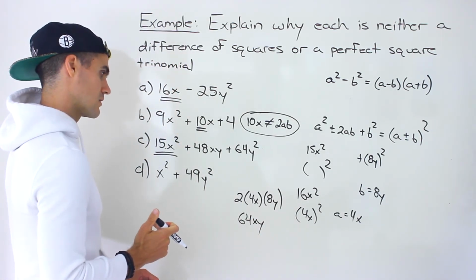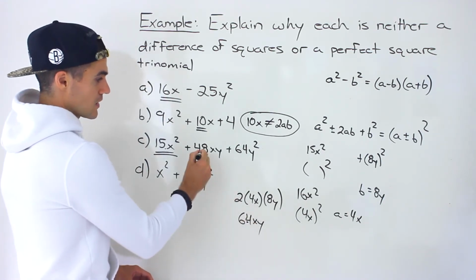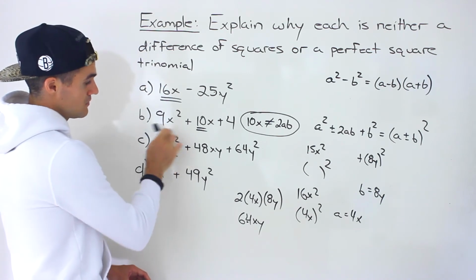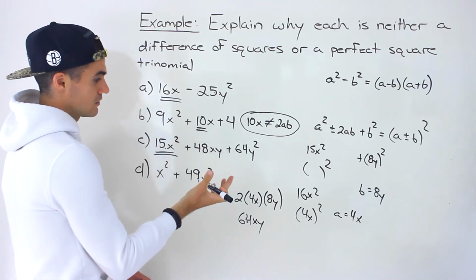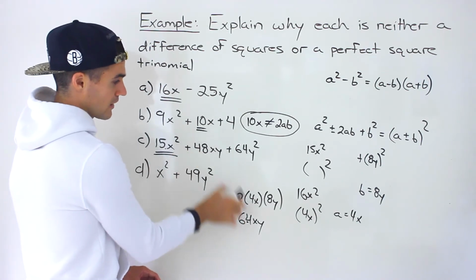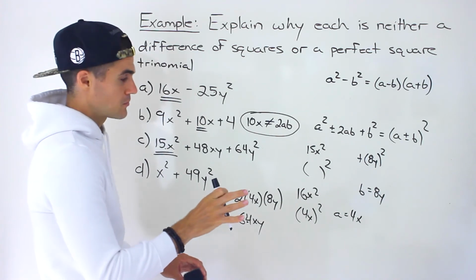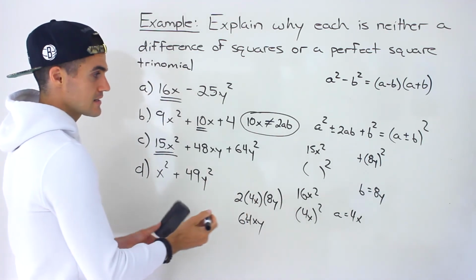Sorry, give me a sec here. Yes. Right, it would have to be 64xy in the middle if this was 16x squared. So even if this was 16x squared, it still wouldn't work out. It would have to be 16x squared plus 64xy plus 64y squared in order for it to be a perfect square trinomial. But we didn't even get to that part.